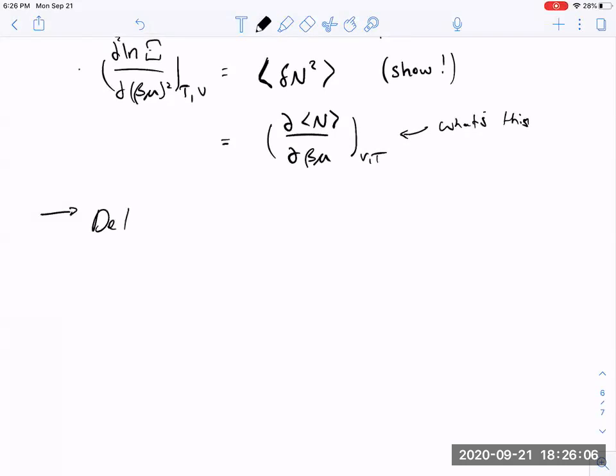Take a little detour. Again, I expressed the energy earlier as T times S minus P times V plus mu N. Now, I have not derived this for you.